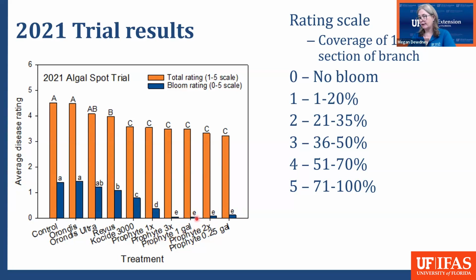We don't get any greater efficacy at 1 gallon of prophyte, so I don't see that there's any point in doing that. And prophyte at 0.25 of a gallon is not quite as good as the 1 or 3 times at, and this is 3 applications. And here, I'm a little bit worried that we might be underdosing, and so I prefer that 0.5 rate where we're sort of in the middle.